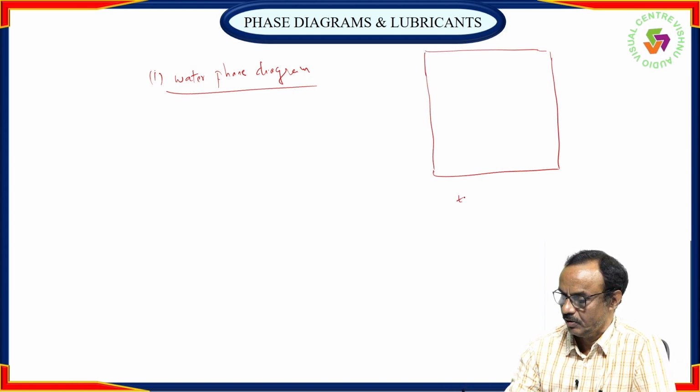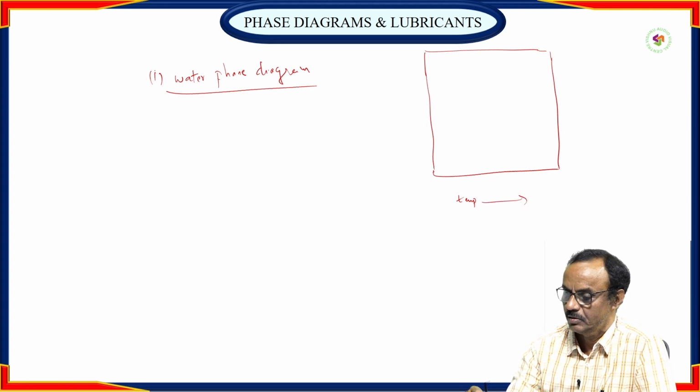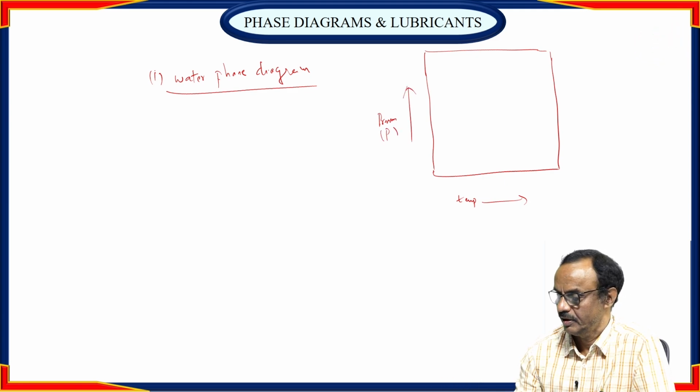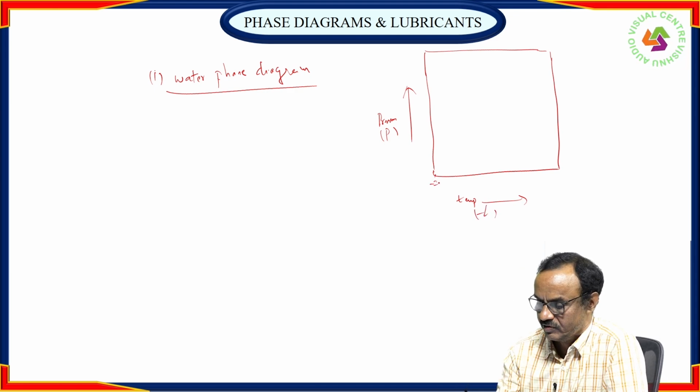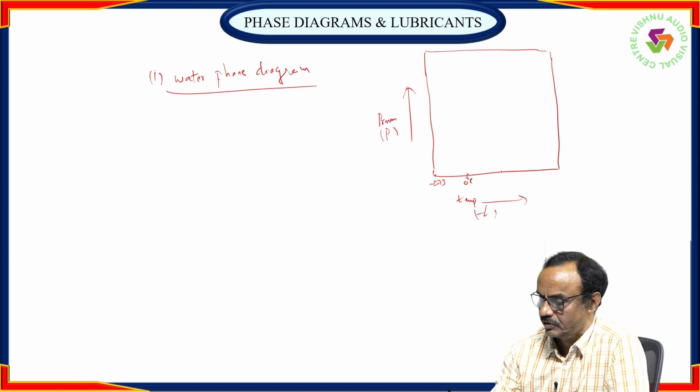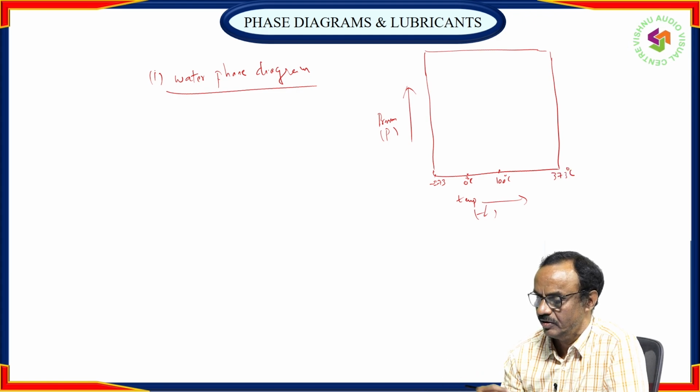Here temperature is increasing, and here is the pressure variable. Pressure is represented by P, temperature by T: minus 273, 0 degrees centigrade, next 100 degrees centigrade, next 373 degrees centigrade.